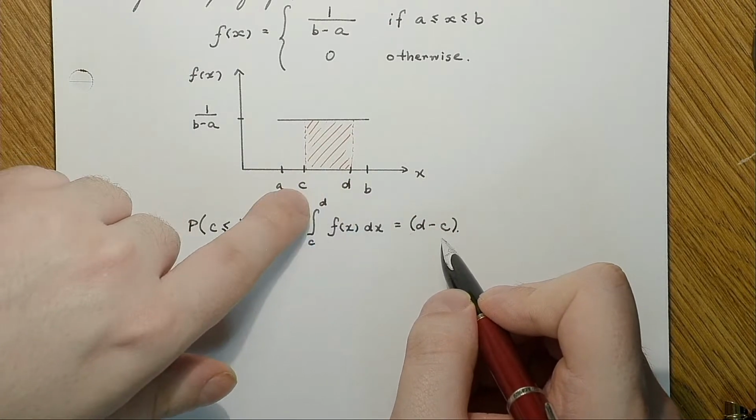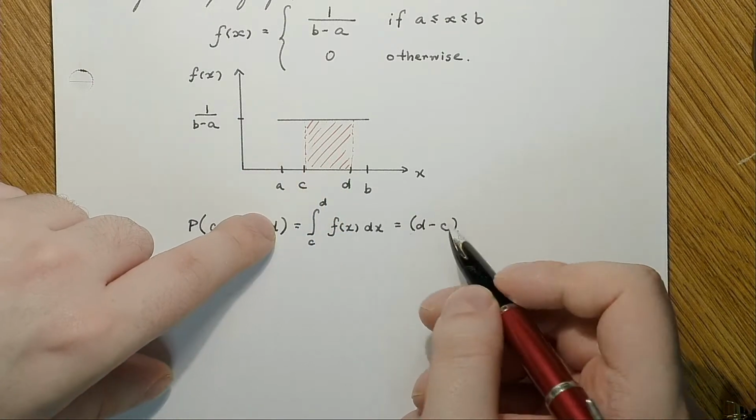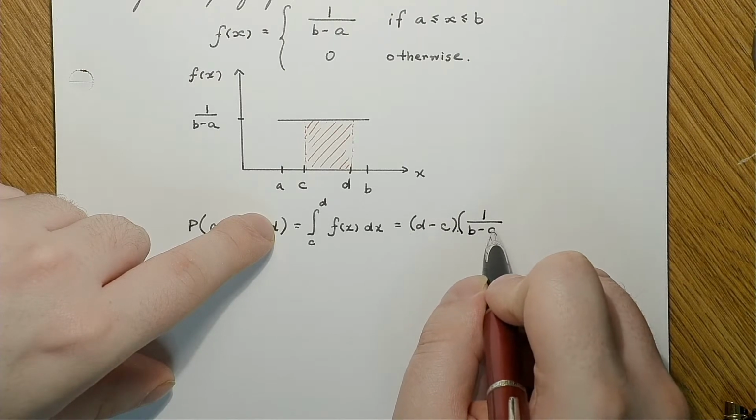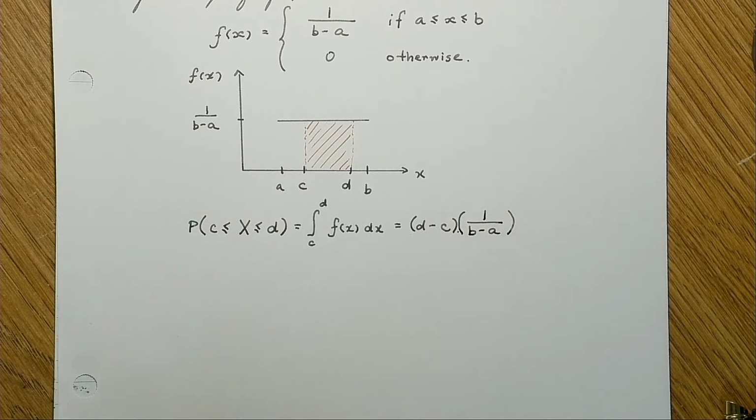So there's our width and we need our length of the box. So we'll also need to multiply that by 1 over b minus a.